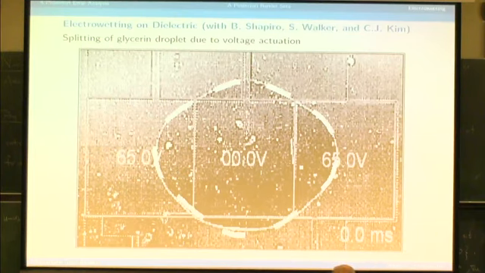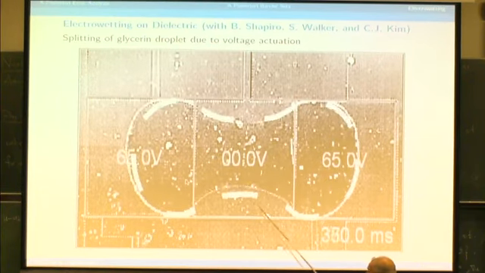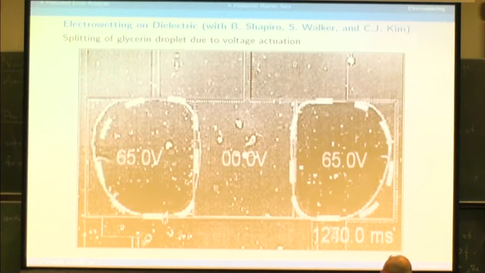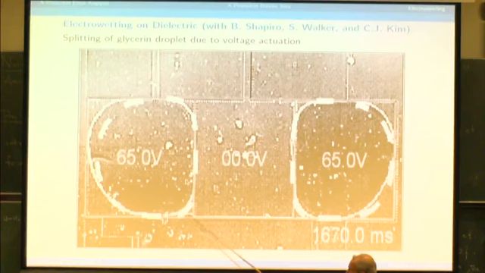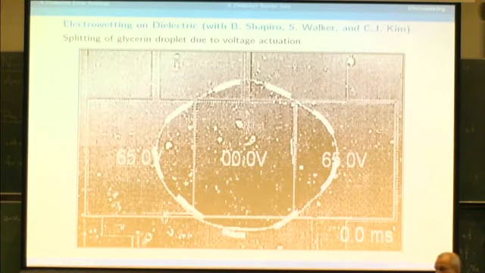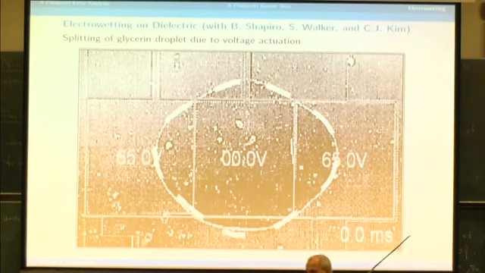Again, let me run it again. You see good agreement in terms of the dynamics, even the splitting time. But at the end of the day, the drops are not circular. Okay, they are not circular because this is a situation where the drop gets stuck. A circular drop would be a drop in equilibrium in a medium that doesn't have any friction.